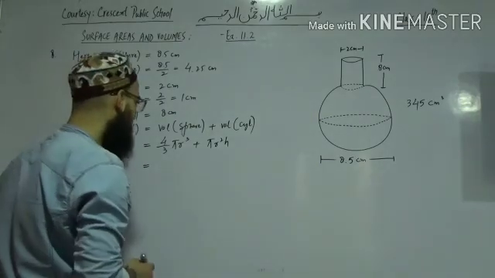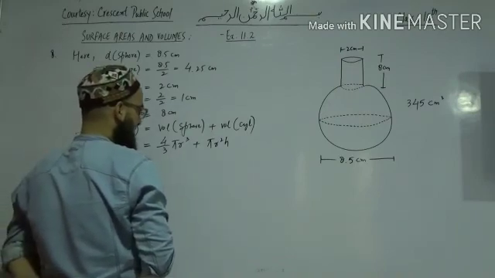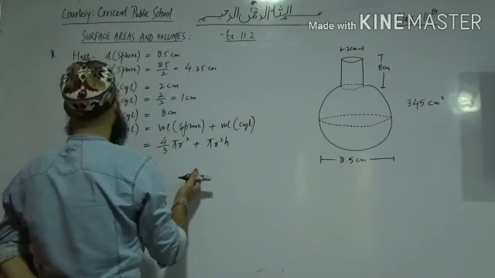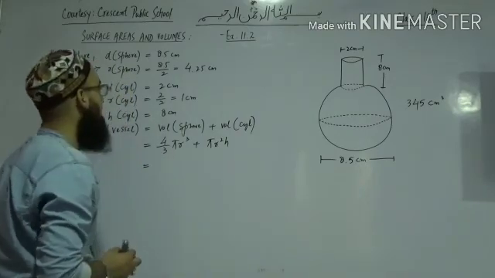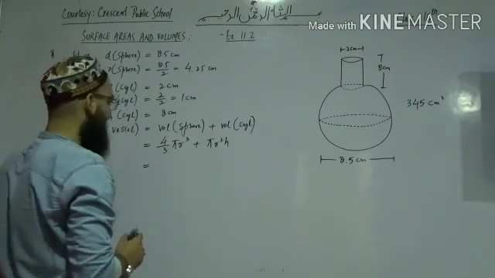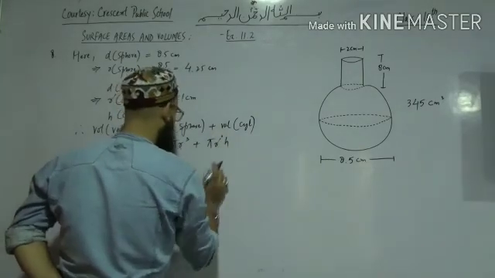Now what can we take out? You can take pi. The radius is different, so I'll write r dash for cylinder, so here you can write r dash square.